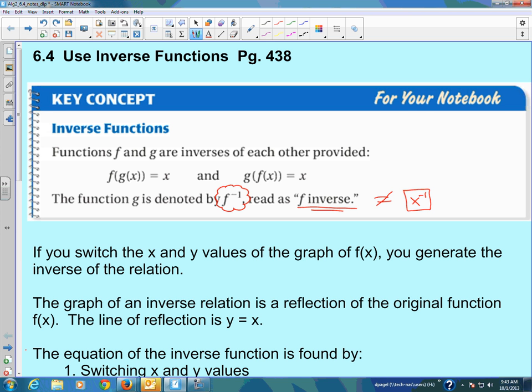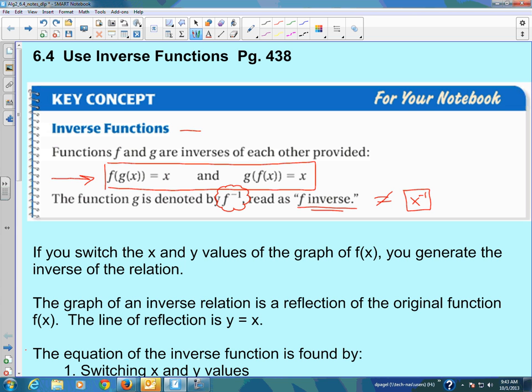When it comes to determining whether two functions are inverses of one another, this is the process by which we will do that. We will composite them into one another, and should the results both be equal to x, then we know that f and g are inverses of each other. We're going to take a look at an example for that later on.